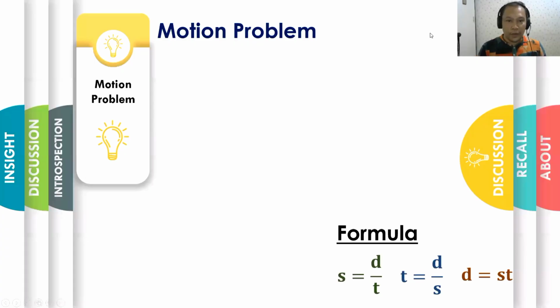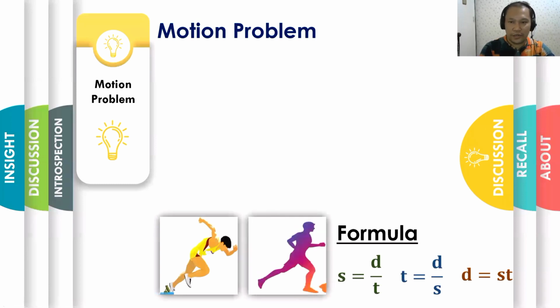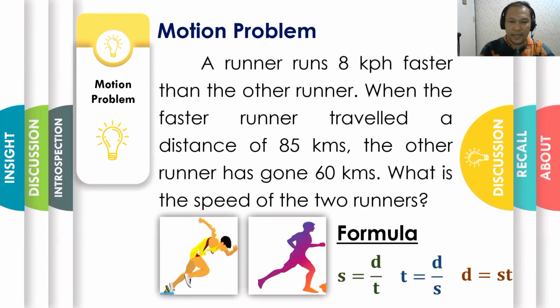And here is now our problem. We have two runners. One runner runs 8 kilometers per hour faster than the other runner. When the faster runner traveled a distance of 85 kilometers, the other runner has gone 60 kilometers.